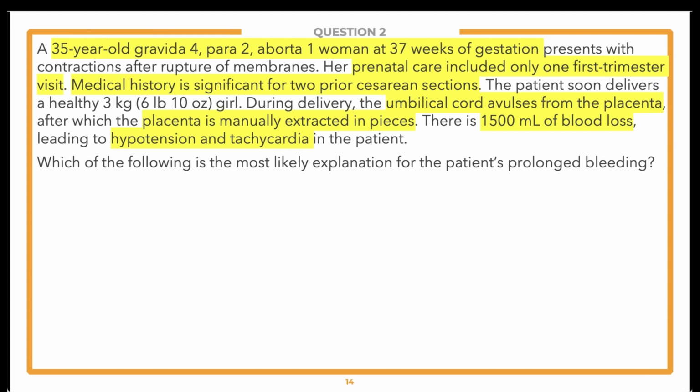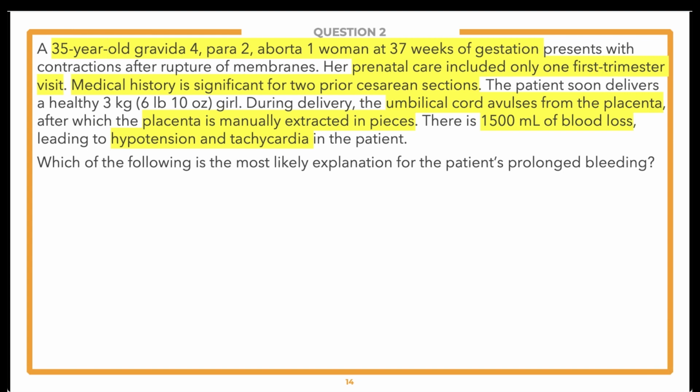Prenatal care included only one first trimester visit. So maybe there were some missed antenatal complications. The medical history, we got the 2 cesareans. This is very relevant, right? History of cesarean sections, risk factor for certain abnormalities. The umbilical cord avulsing from the placenta.